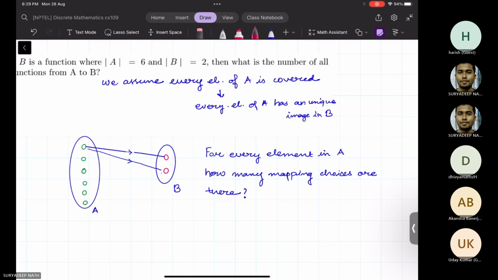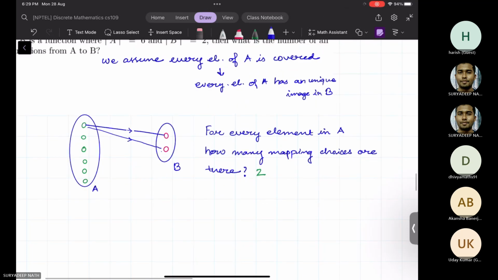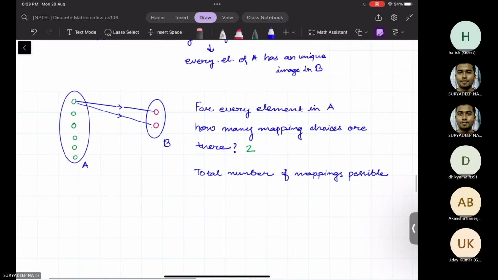The right answer is two, because there are two elements in B. Therefore, the total number of mappings possible, what do you think is the answer?